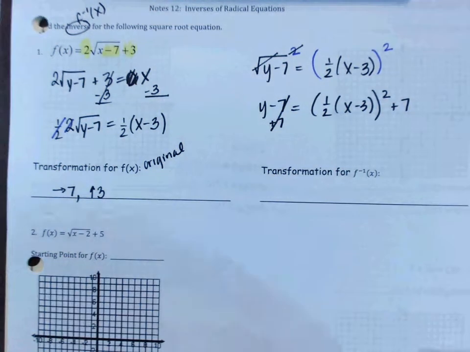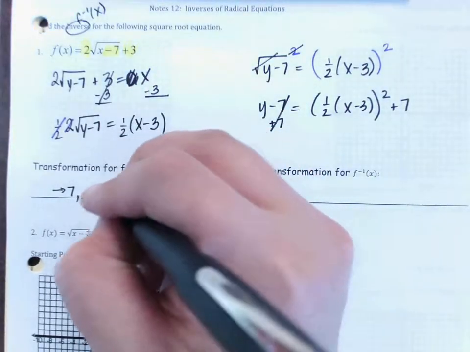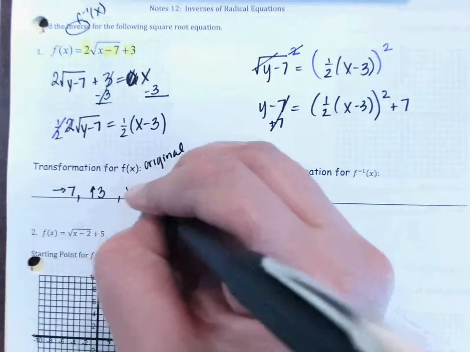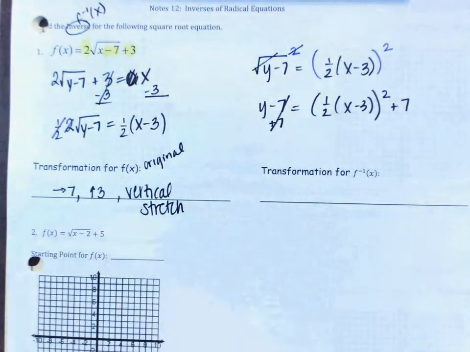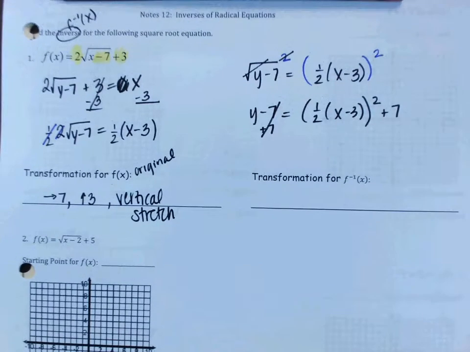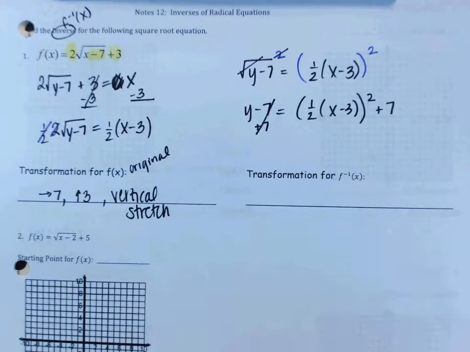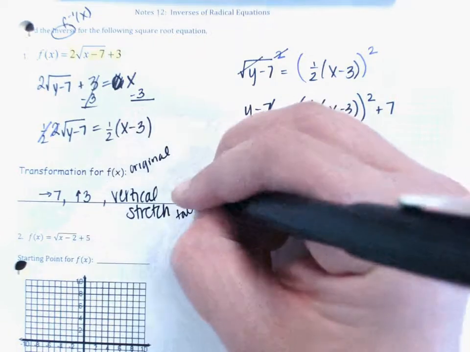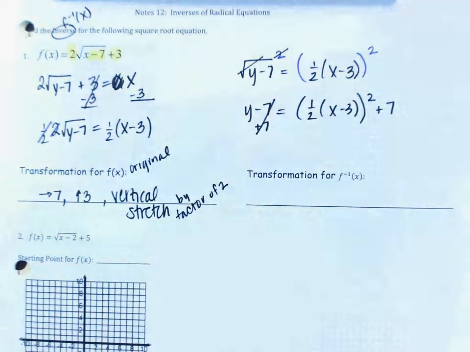It's a vertical stretch. If it's more than one, it's a stretch. If it's a number less than 1, it's going to be a compression. So, vertical stretch by a factor of 2. That's how it would be written.